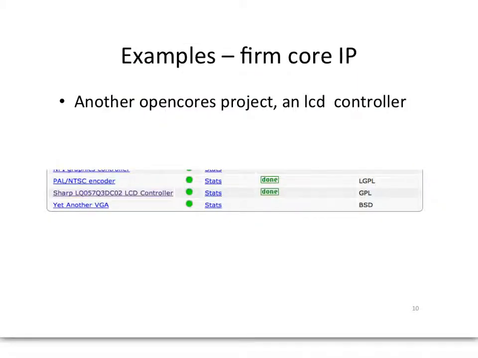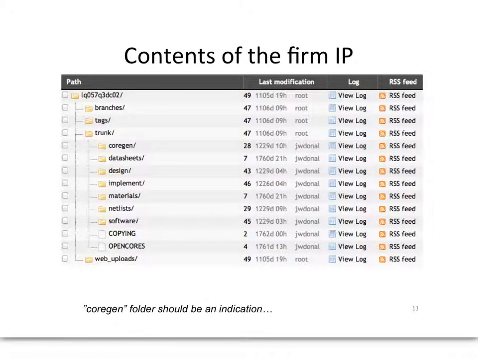A firm core IP could be, for instance, also a project on OpenCores. It could be this LCD controller intended for running an LCD panel. It does not seem to be Wishbone compatible, but still it is on opencores.org. If we take a dive into the repository where the RTL source code is available, we can see here in the trunk we have different folders available.